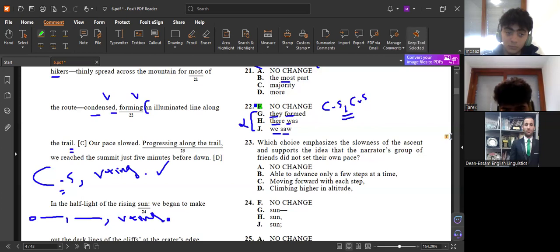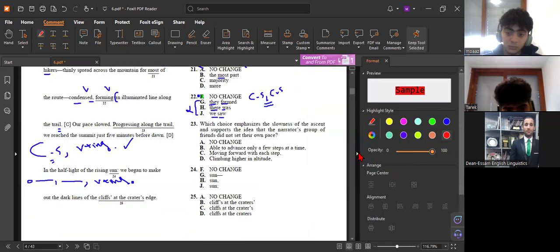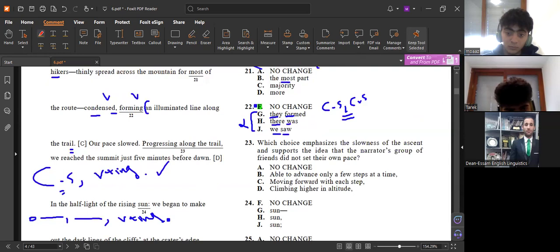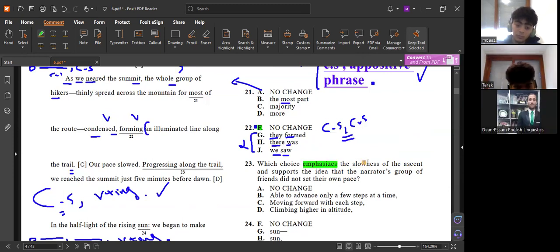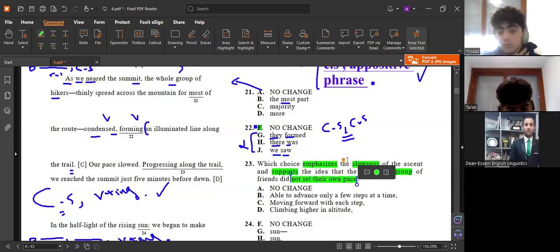Number 23. For 23, I put A, no change. No change, wrong. Let's try again, all of us. I emphasize the slowness and the support idea: the group of friends did not set their own pace.